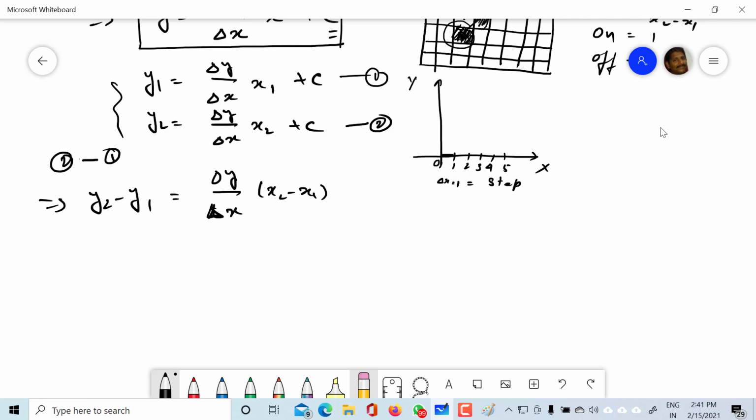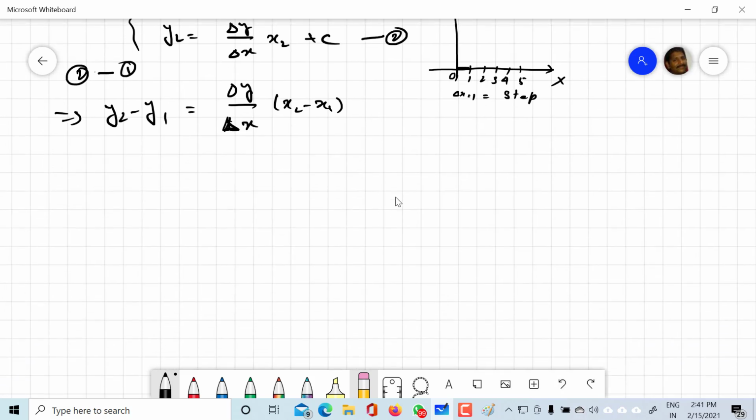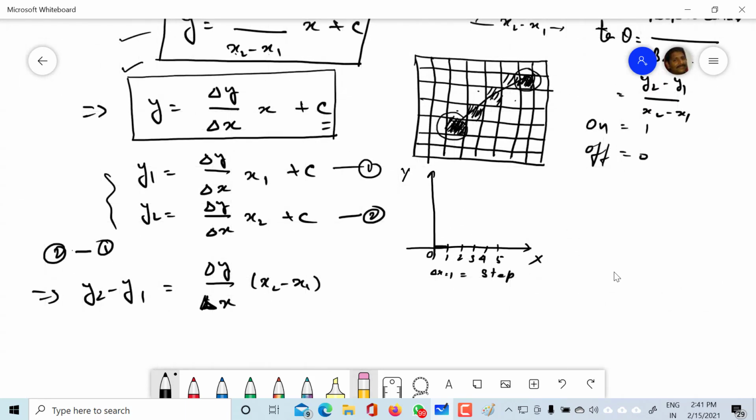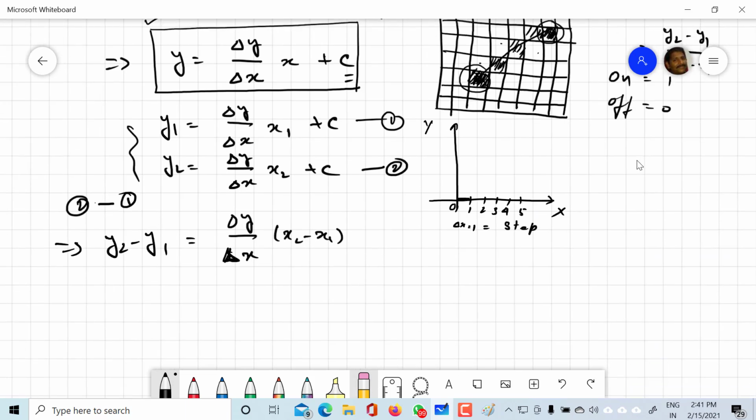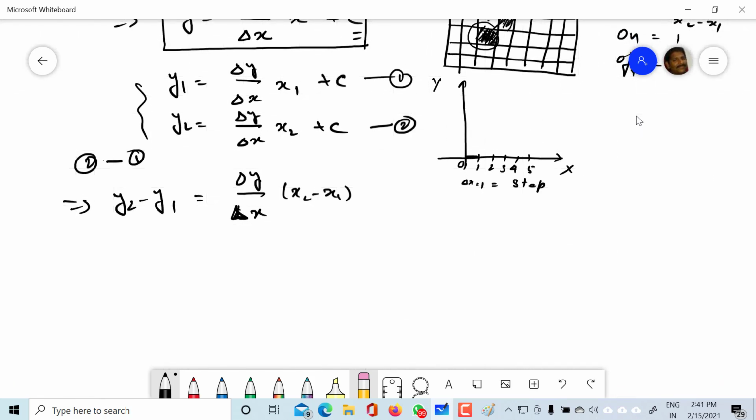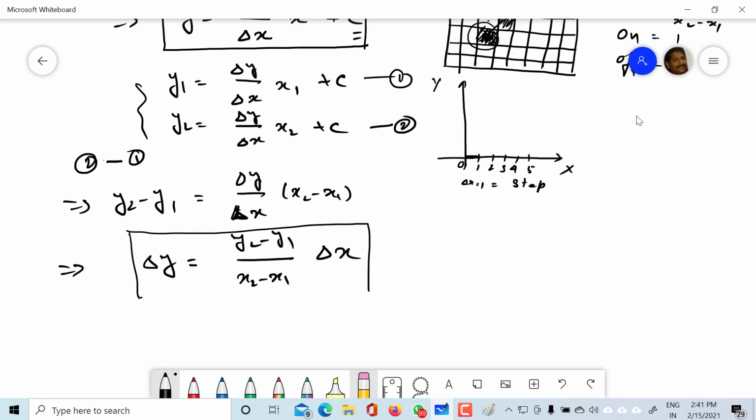With a simple modification, make delta y on this side and x2 minus x1 on that side. So I am writing the equation as delta y equal to y2 minus y1 upon x2 minus x1, times delta x. This is my new equation, and I am going to proceed using it. This is equation number 3. This is our main equation.